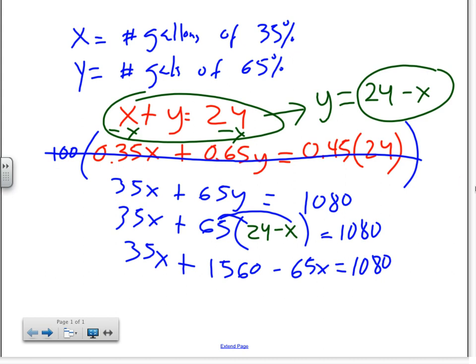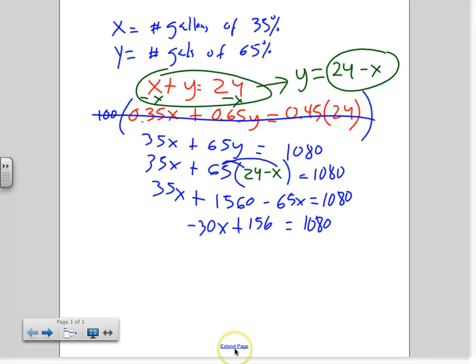Okay, so then notice we have like terms of x. We combine them together. What's 35x minus 65x? Negative 30x. So negative 30x plus 1560 equals 1080. And then we would try to go ahead and solve for x by subtracting the 1560 over.